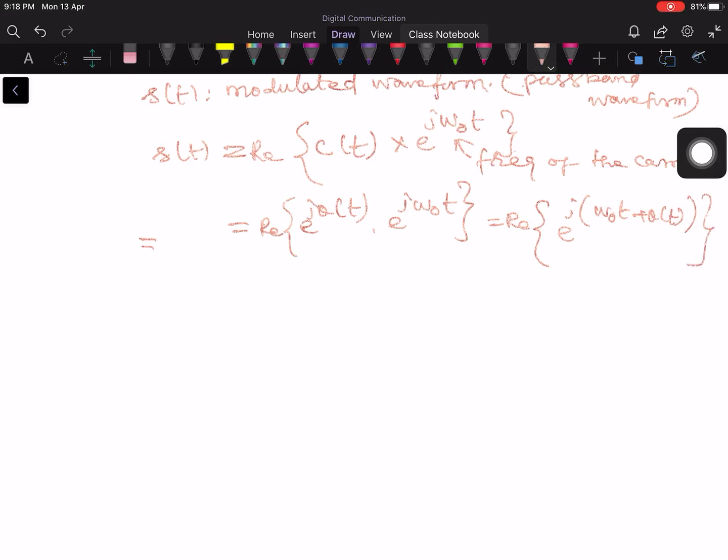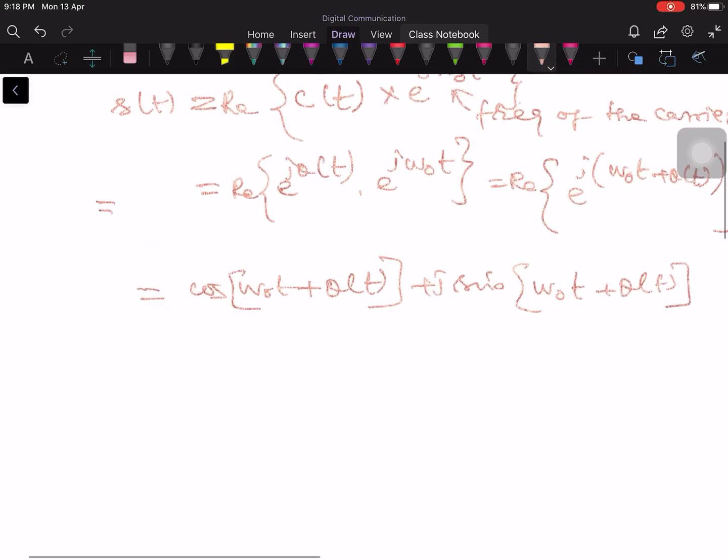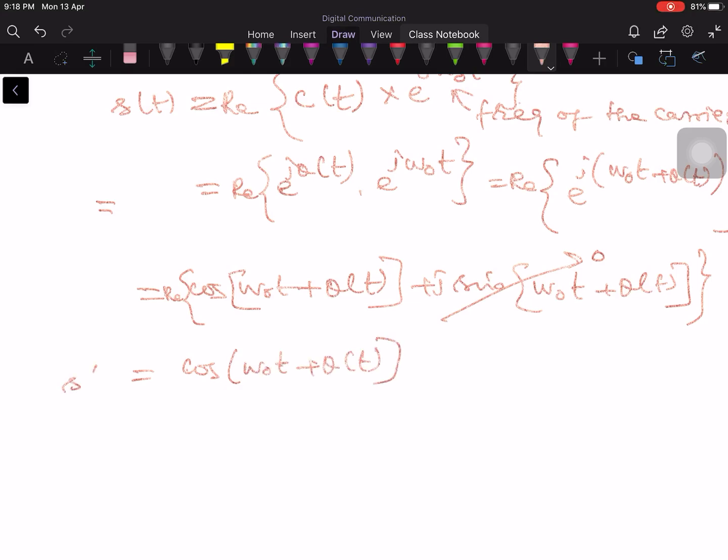That will be equal to cos of omega naught t plus theta of t, plus j times sine of omega naught t plus theta of t, and take the real part of this. So this part will go to 0. So this is equal to cos of omega naught t plus theta of t. This is your modulated waveform, or passband waveform.